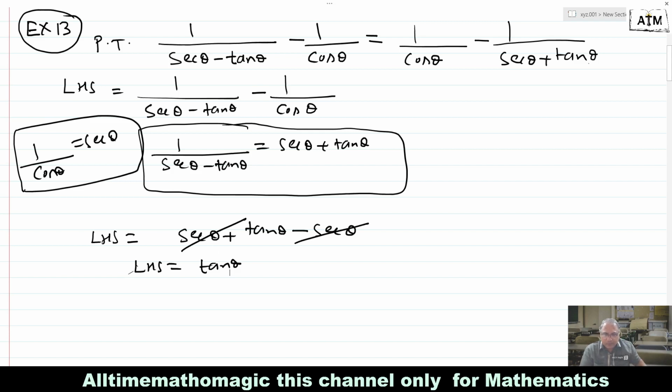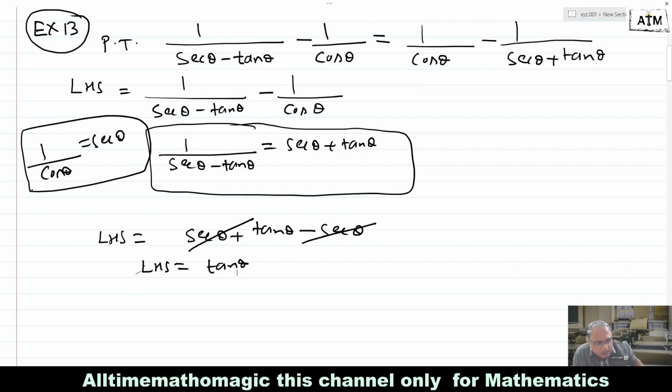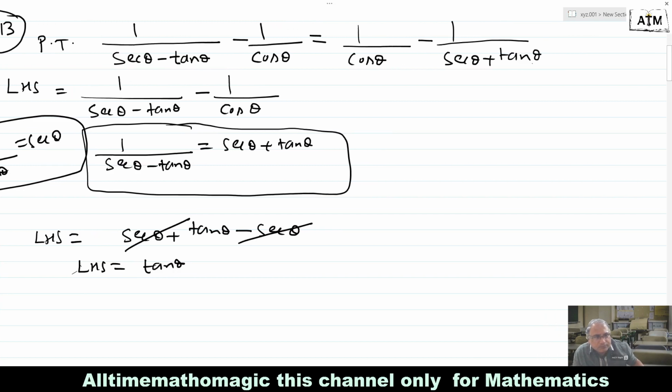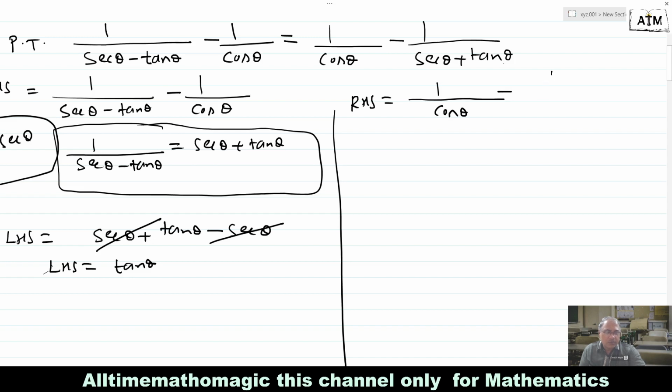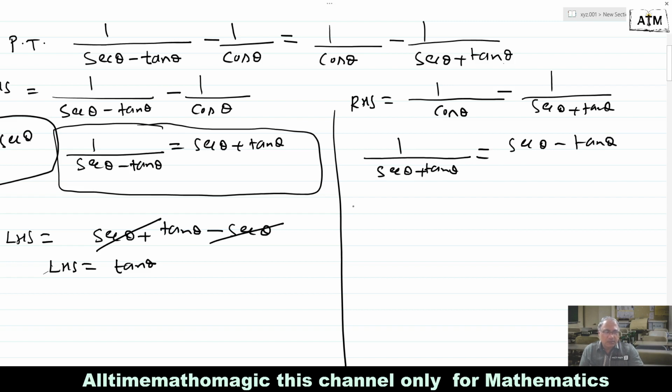Similarly, to get the result of RHS: RHS equals 1 upon cos theta minus 1 upon (sec theta plus tan theta). The formula is 1 upon (sec theta plus tan theta) equals sec theta minus tan theta.